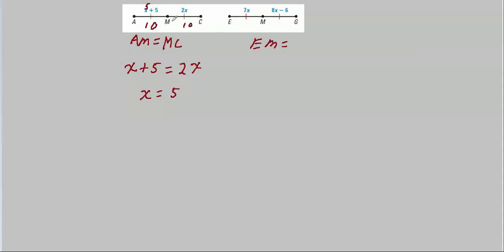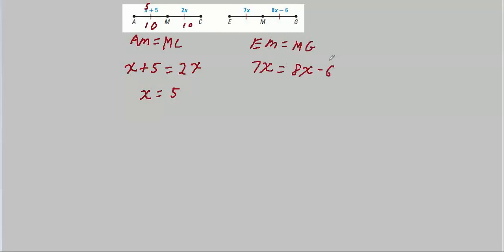Cool. What about over here? EM, this is a bisector. It's the midpoint. So we know the length of EM is equal to the length of MG. And what we have here is that 7x, if we set up our algebraic equation, equals 8x minus 6.